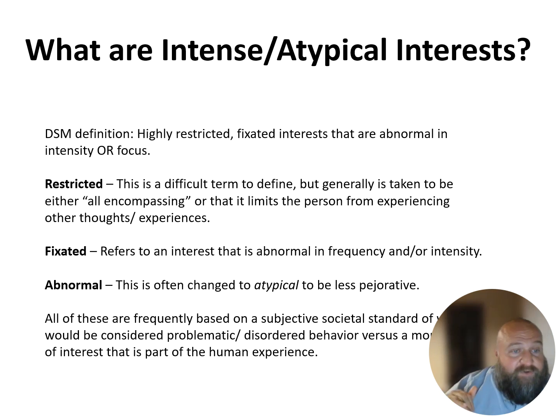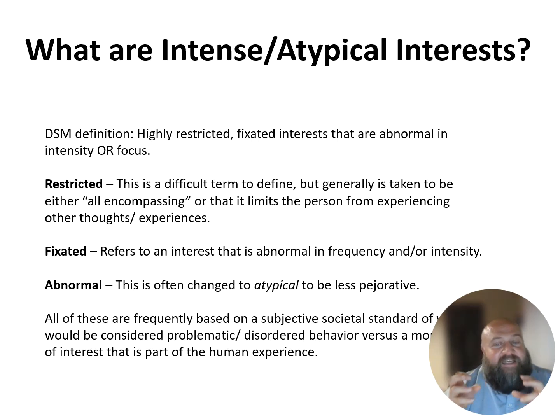Now, this goes hand in hand, but remember, it's an either or. It's either fixated as far as abnormal in intensity or focus. And the term abnormal is kind of a pejorative, kind of a bad word, because that implies there's a normal, and there really isn't a normal in most of these things.